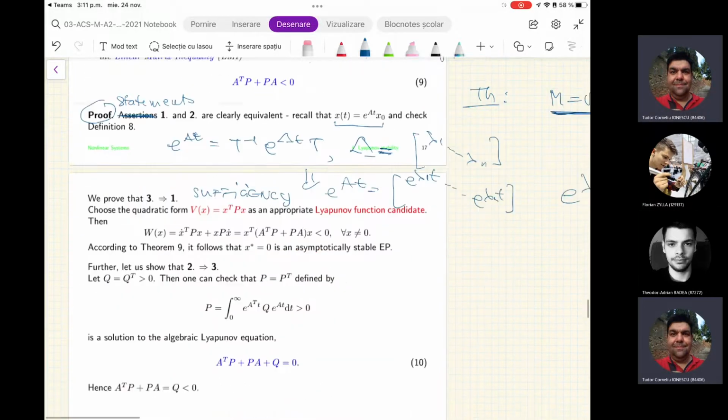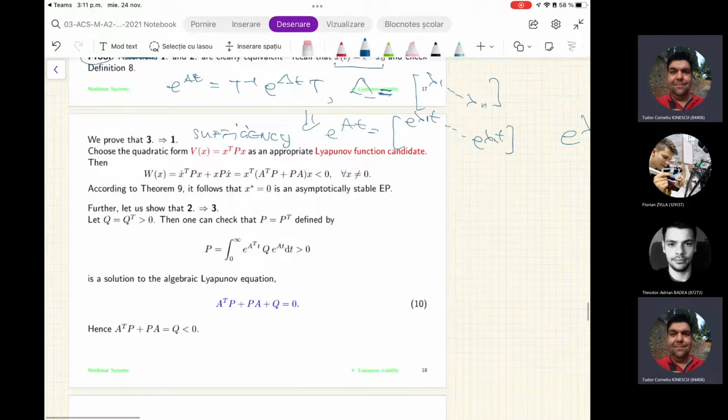First, we prove the sufficiency. So we choose a quadratic form, V(x) equals x transpose Px, as a Lyapunov function. And we do W(x). I remind you that W(x) is V dot of x. We need to assess the evolution, the dynamic of the energy.